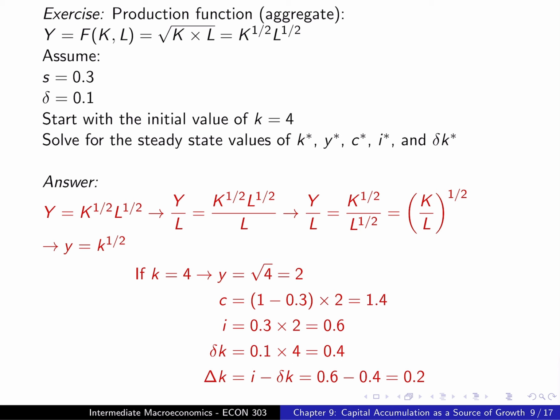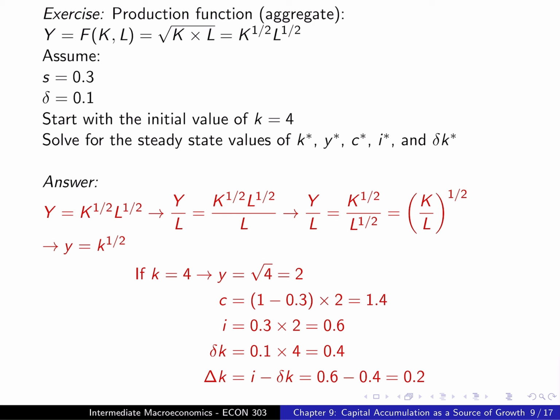Let's work through a concrete example applying the Solow model. We are given the production function y = F(K, L) = √(KL), or K to the exponent 1/2 times L to the exponent 1/2. Assume that the saving rate s equals 0.3 and the depreciation rate δ equals 0.1.